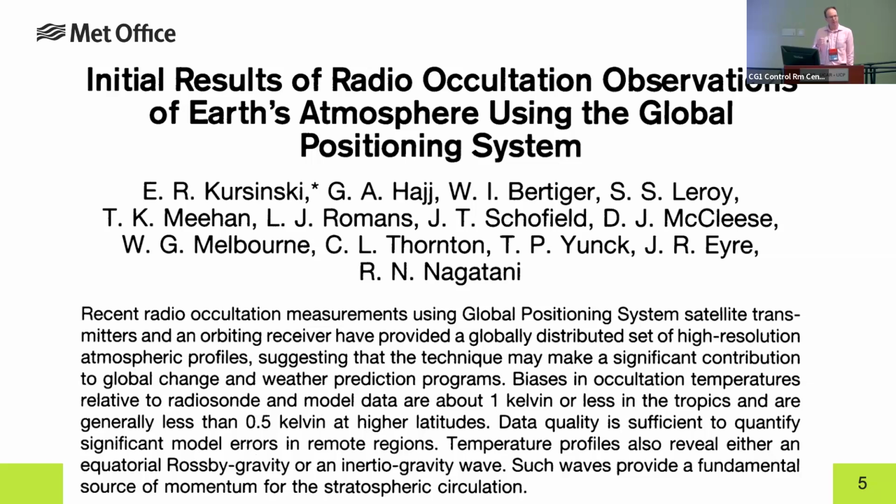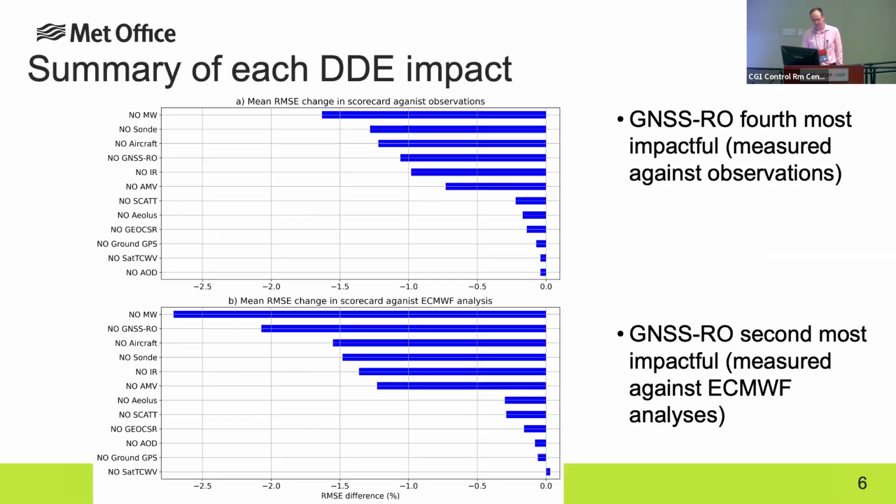Obviously, we know the big story of RO over recent years has been the increase in the number of observations. So I thought I'd just finish by showing the summary of the data denial experiments that Neill had been doing in collaboration with us at the Met Office. What you're shown here is the impact of removing a particular type of observation from the Met Office system on the quality of the forecasts.